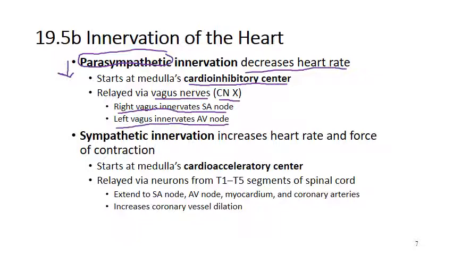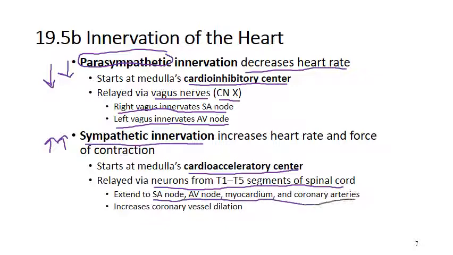We have the sympathetic innervation, which increases the heart rate and the force of contraction. So parasympathetic is the decrease, and the sympathetic is going to be the increase. It starts at the medulla's cardioacceleratory center, again making sense, relayed via the neurons from T1 through T5 segments of the spinal cord, and it extends to the SA node, the AV node, the myocardium, and the coronary arteries, and it increases the coronary vessel dilation.